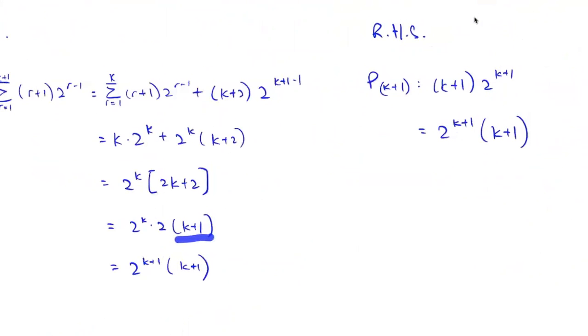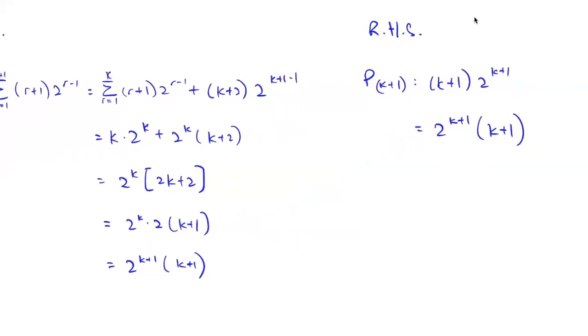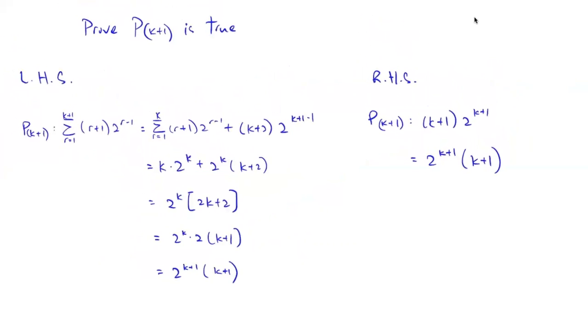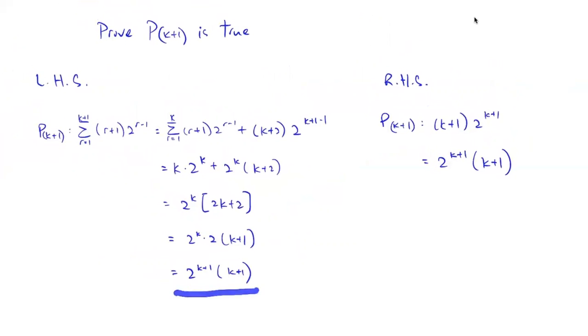And here, you see that we're getting very close to the right-hand side. What we need to do is change this expression to 2 to the power of k plus 1. And we've finished the problem. We have proved that the left-hand side equals the right-hand side.